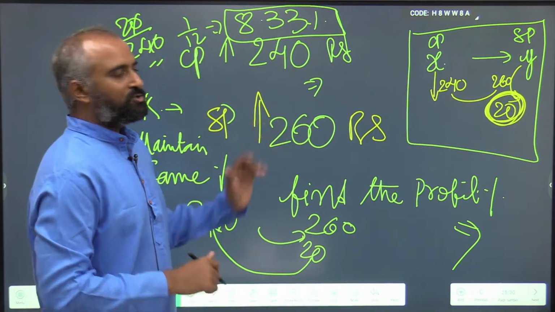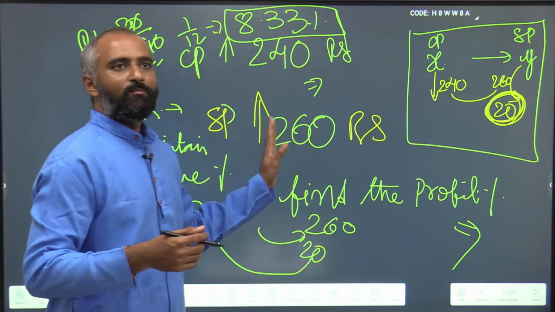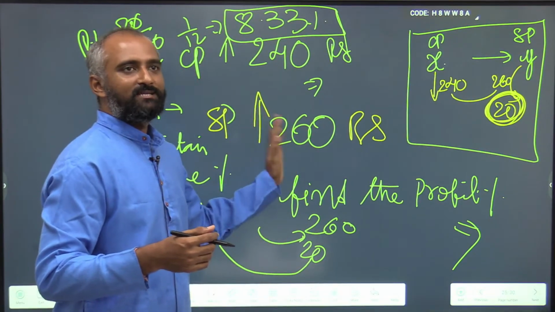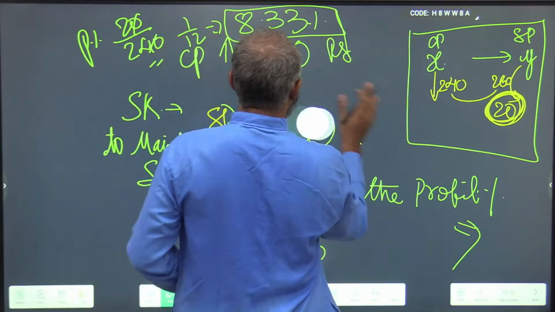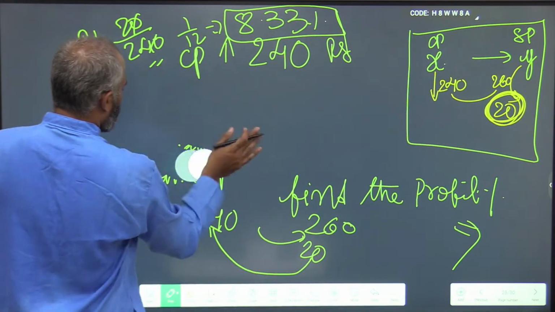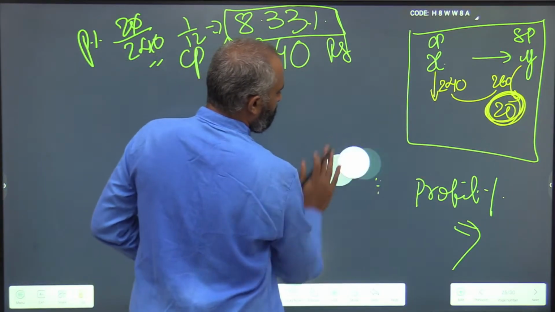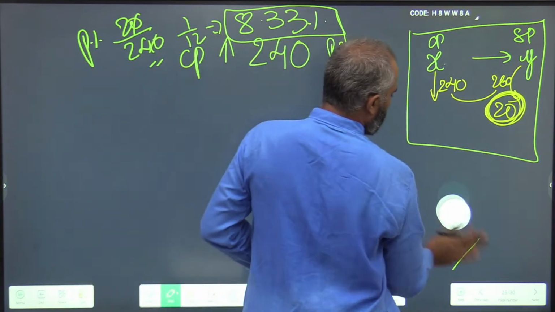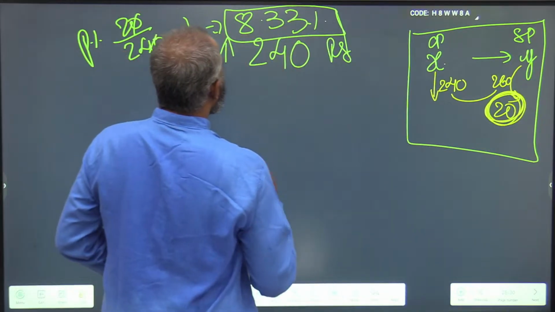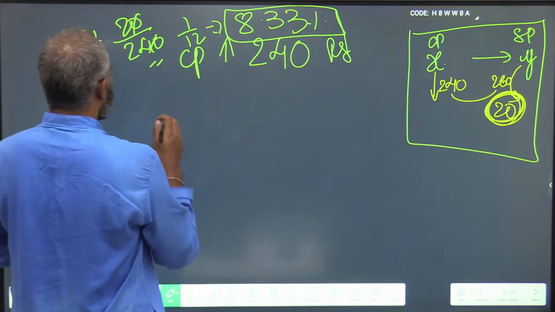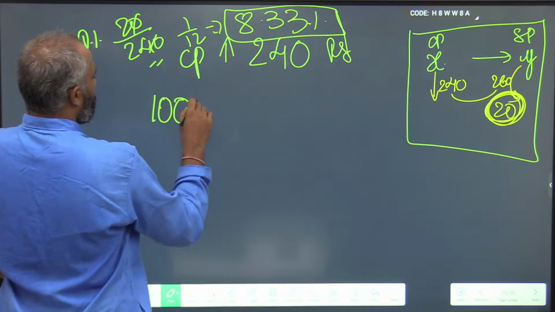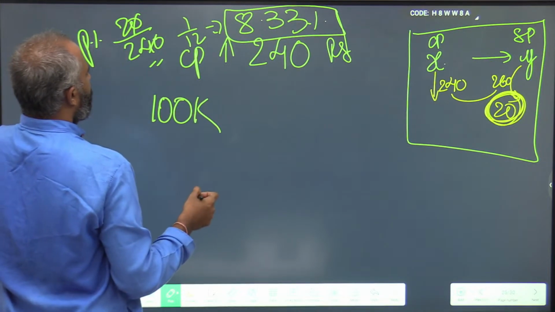But if you want to solve it mechanically, I hope everyone has understood this. If you want to solve this mechanically, in the form-like approach, you could assume the values, 100K.